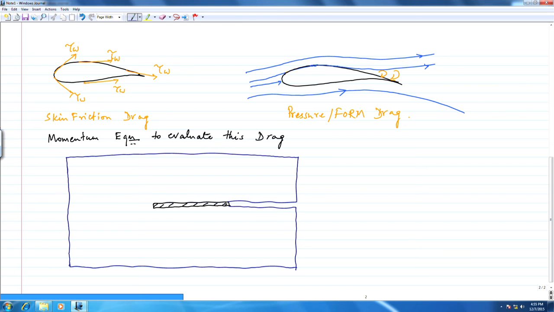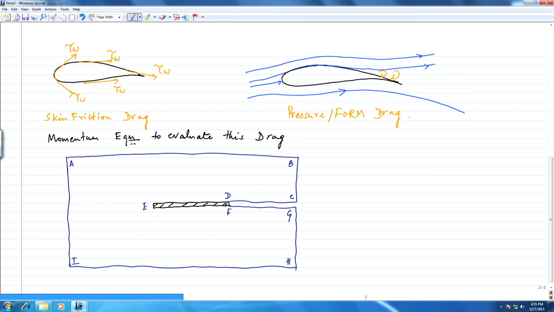Now let me first name these. I'm going to call this A, B, C, D, E, F, G, H, I. So this is my control volume, and what I'm going to do now is draw the velocity profile at the inlet and the outlet.